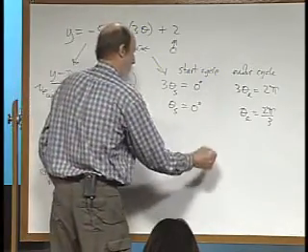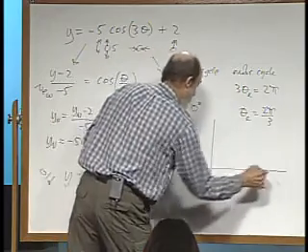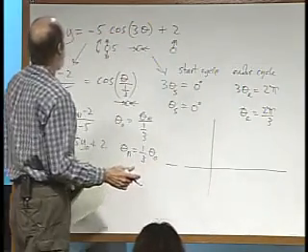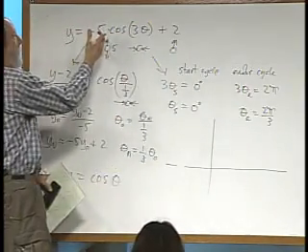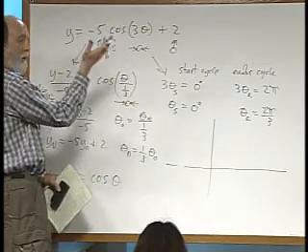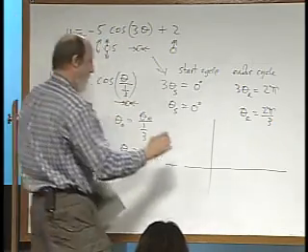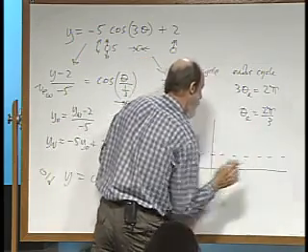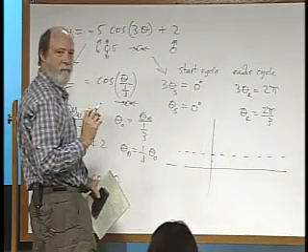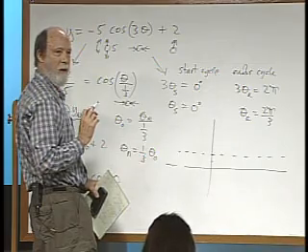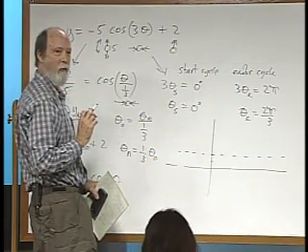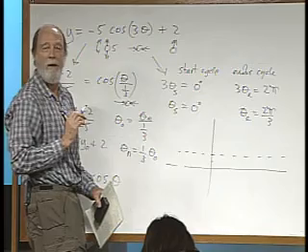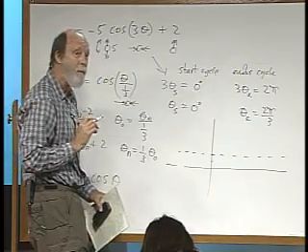So then to draw your graph, what you can then do is say, okay, I know I'm going to have an amplified cosine wave upside down, lifted up by 2. So what I do is I go up 2, I draw my axis, and then start at -3.